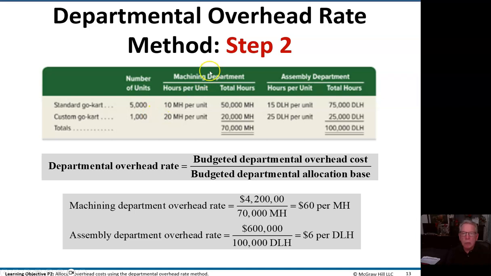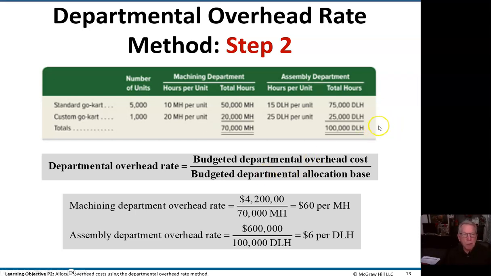So let's look at the machining department. Here we have 10 machine hours per unit for the standard go-kart and 20 machine hours per unit for the custom go-kart. So if I multiply these through, I have a total of 70,000 machine hours.